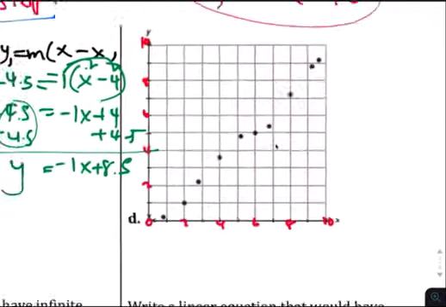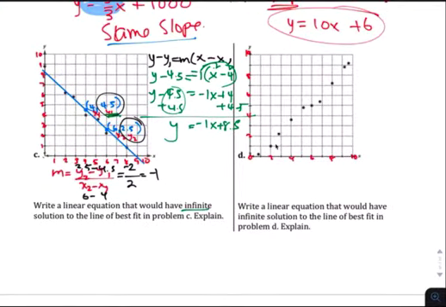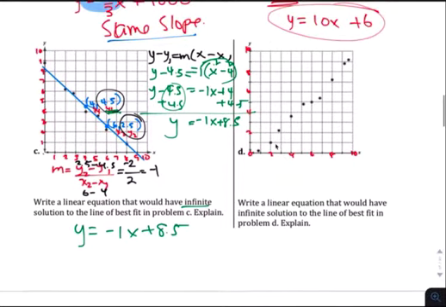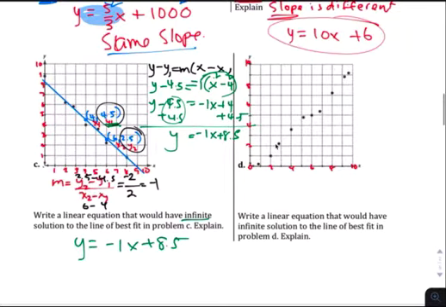And the second one, same thing. Oh, we want infinite solution. Infinite solution, same thing. Slope and y-intercept are the same. That's how you explain it.